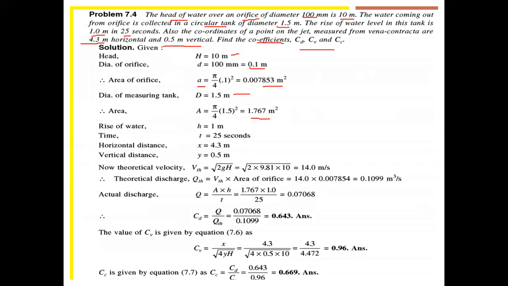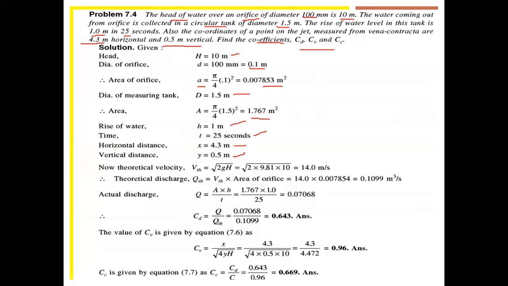The rise of water in the circular tank is 1 meter. The time taken is 25 seconds. The coordinates from the vena contracta are 4.3 meters horizontally and 0.5 meters vertically.